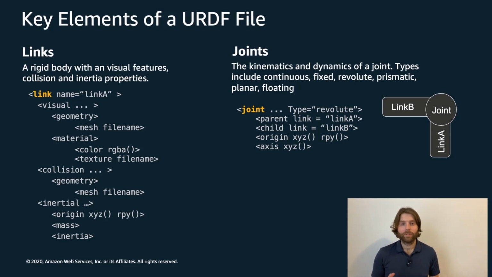In the visual element, you can also define any materials that will add color and texture to your 3D object. The collision element is the geometry for the collision properties of your robot.